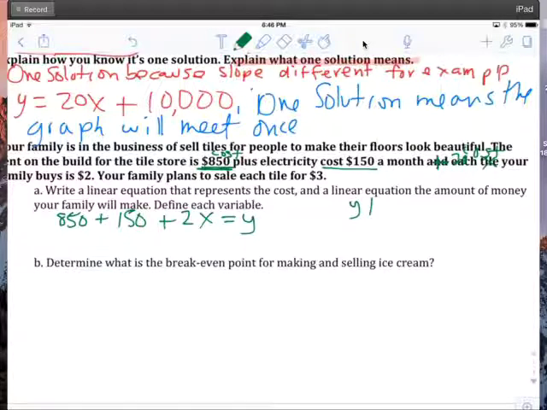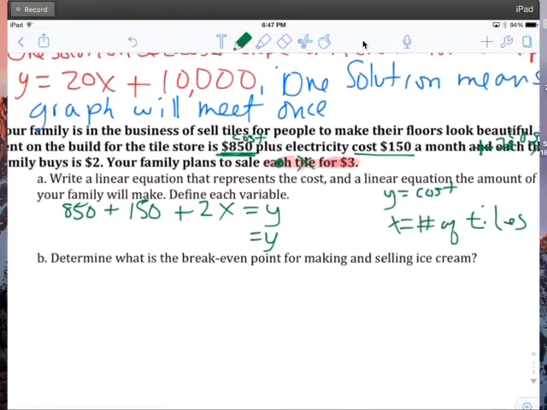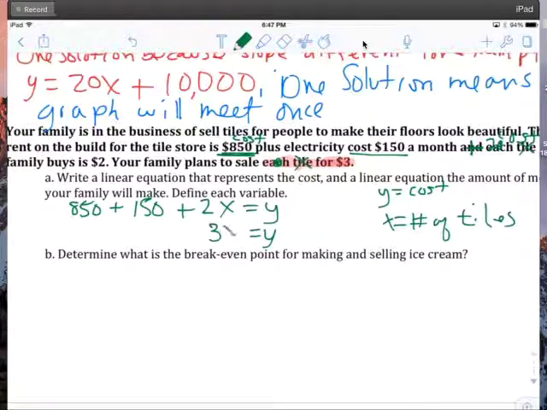Y is cost, and also y is income, because you're going to find income. That's how you make money, $3 for each tile times the number of tiles. X represents the number of tiles. Okay, so you get 3x.